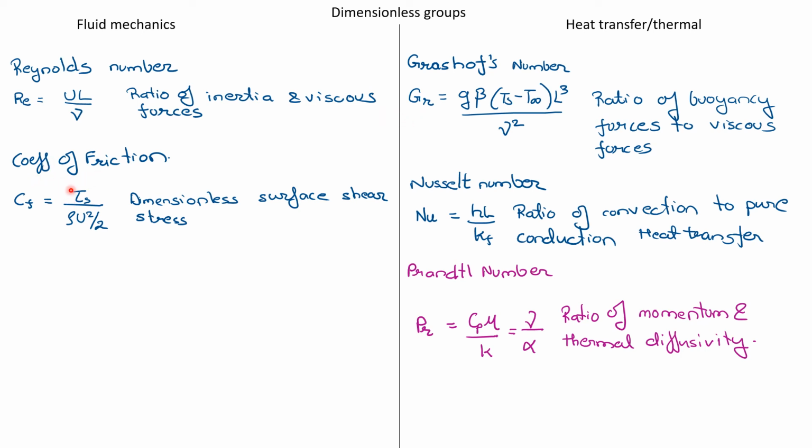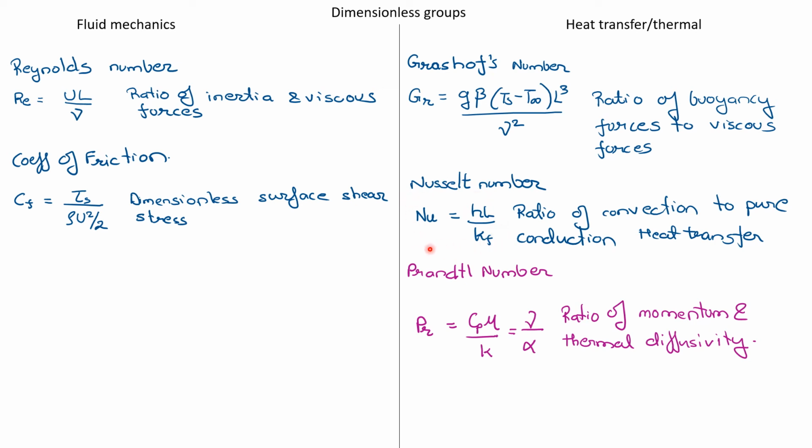The second is the coefficient of friction, which is proportional to the shear stress divided by the dynamic pressure, and it's the dimensionless surface shear stress. Similarly, in heat transfer, we have something called the Nusselt number.